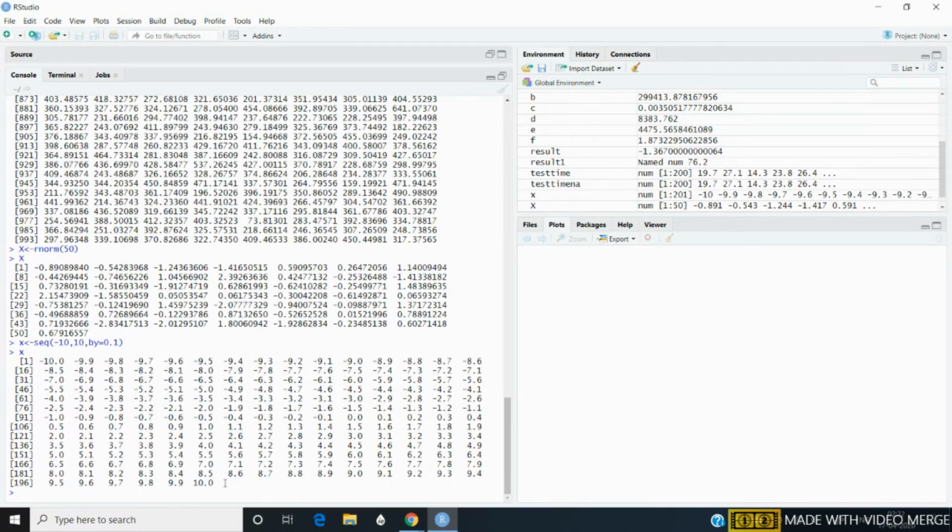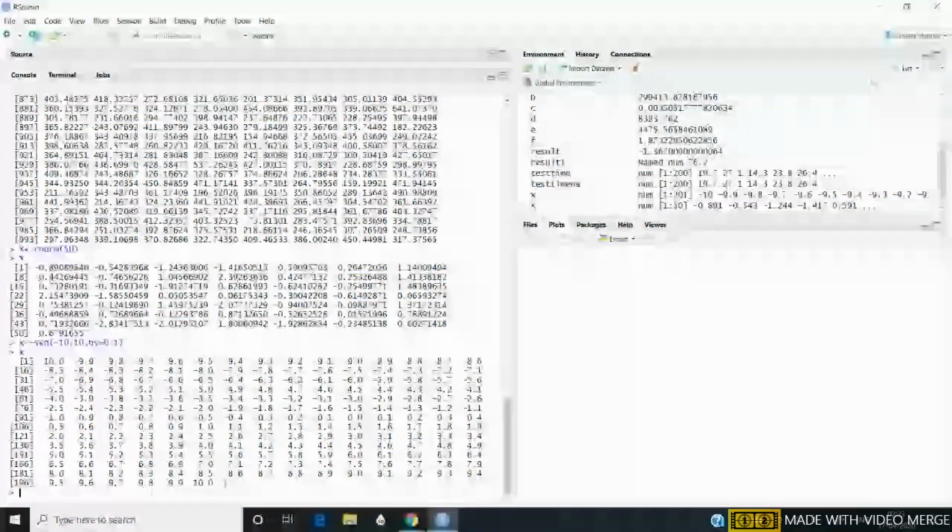Now for all these values of x, we have to generate a probability density function for the normal distribution with some mean and standard deviation. Let the mean be 2.5 and the standard deviation be 2.